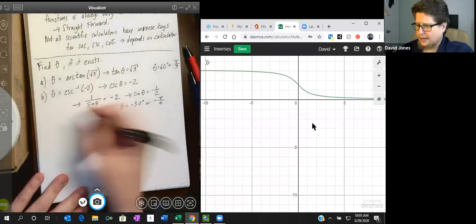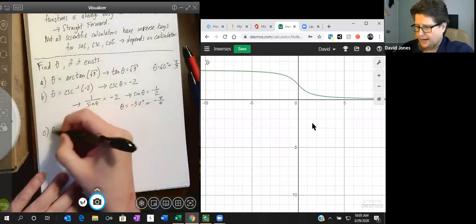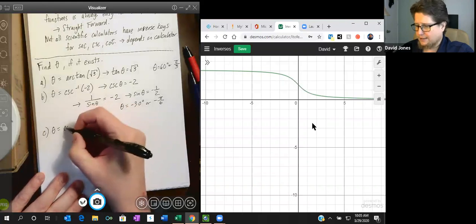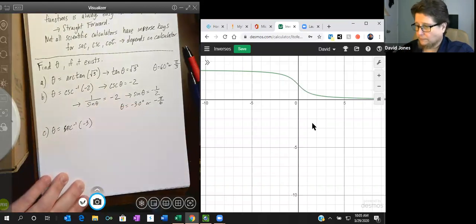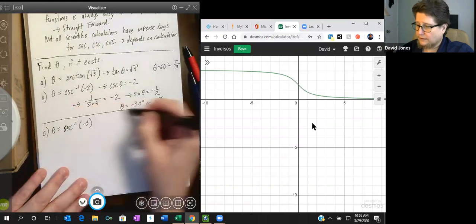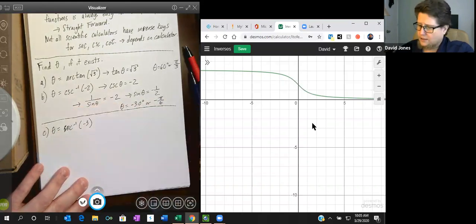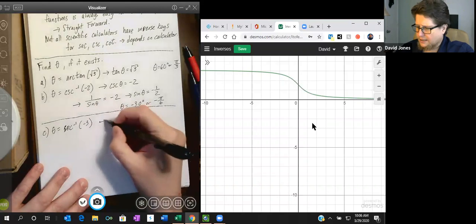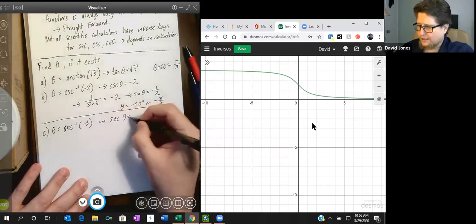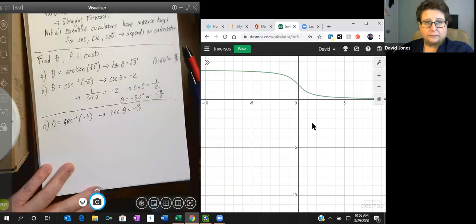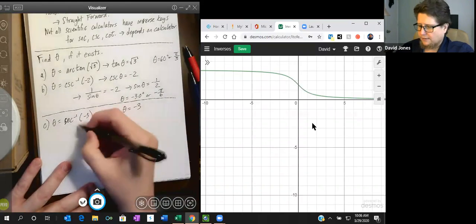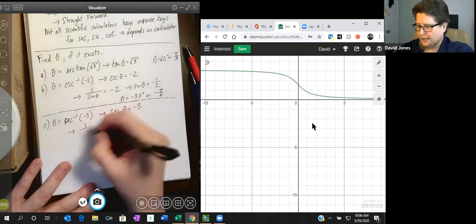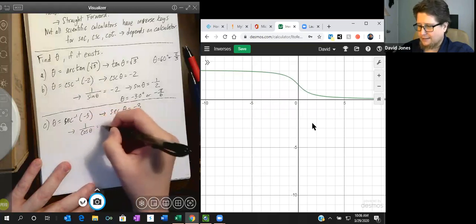So if I want to say theta equals, let's do secant inverse of -3. This is telling me secant of theta equals -3, which means 1 over cosine theta equals -3.